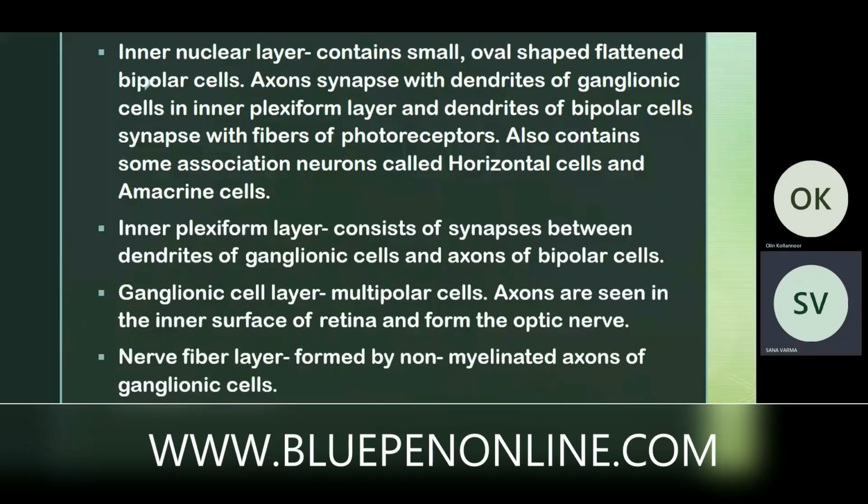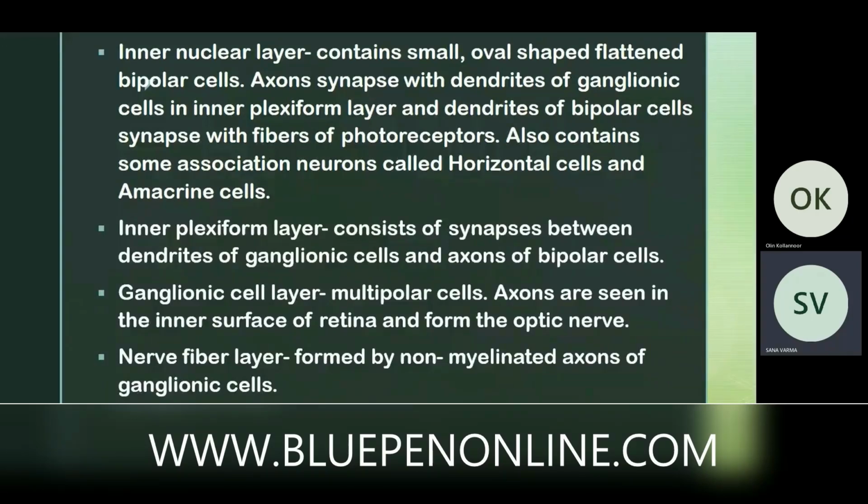Now, from the ganglionic cell layer onwards, these layers form the innermost part of the retina. We are coming from the outer part towards the inner side. So the ganglionic cell layer and the nerve fiber layer form the innermost part of the retina, and the nerve fiber layer, sorry, is formed by non-myelinated axons of ganglionic cells.